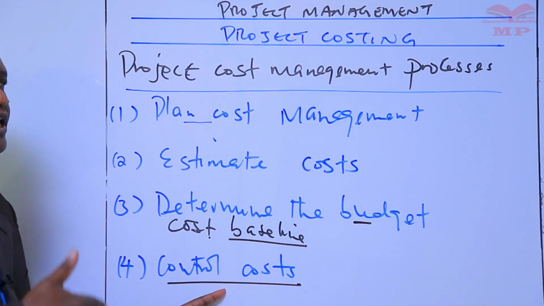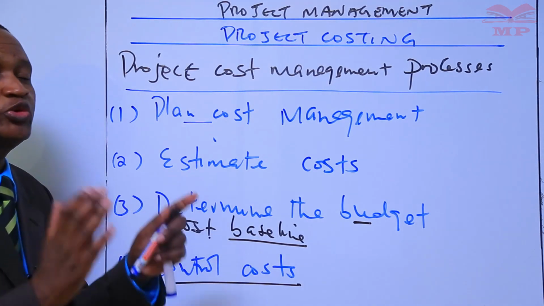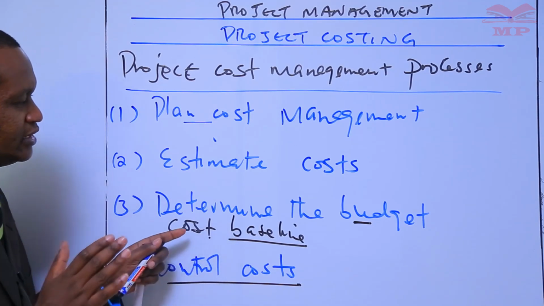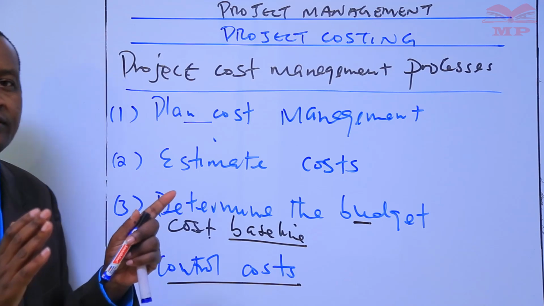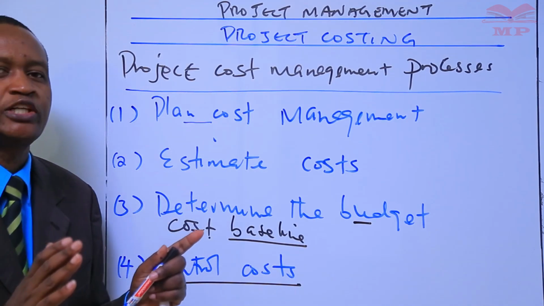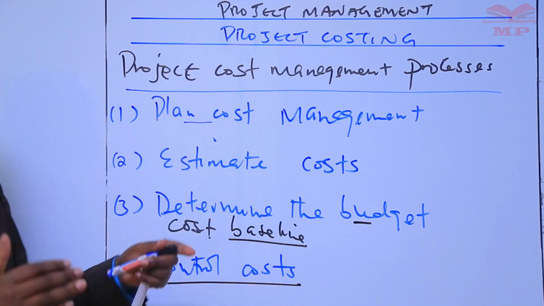So candidates, updating the budget requires knowledge of actual cost spent to date. The cost baseline, the budget that is determined in step 3, has to be maintained and updated. And to update it, you require knowledge of the actual costs that are spent to date.